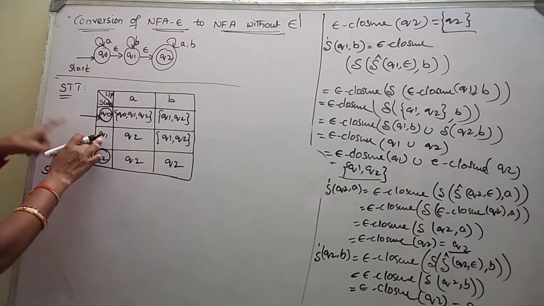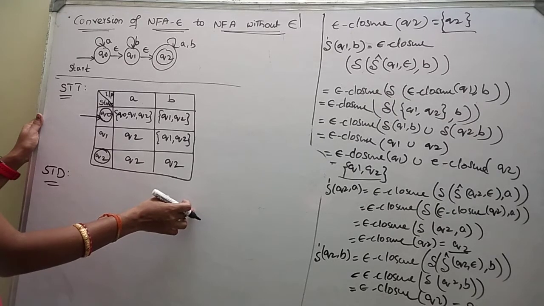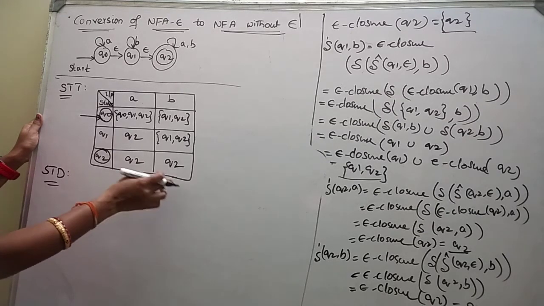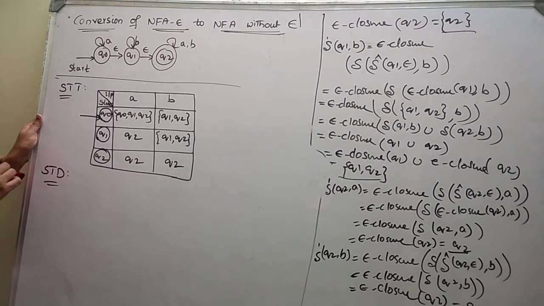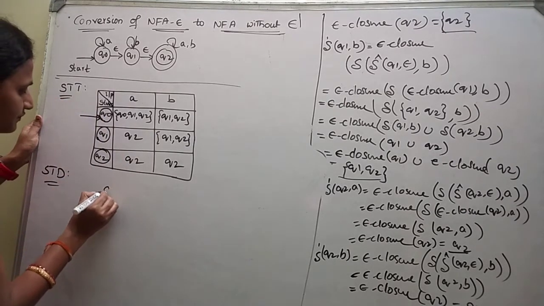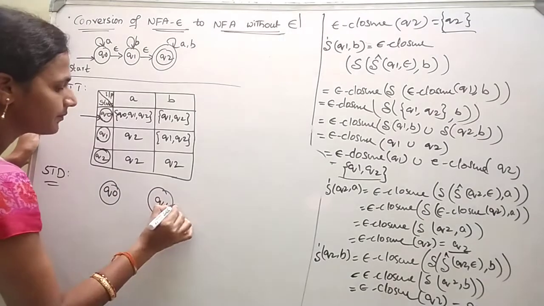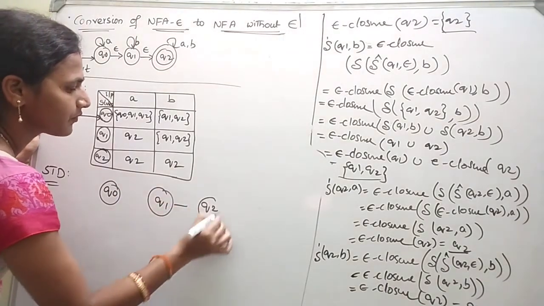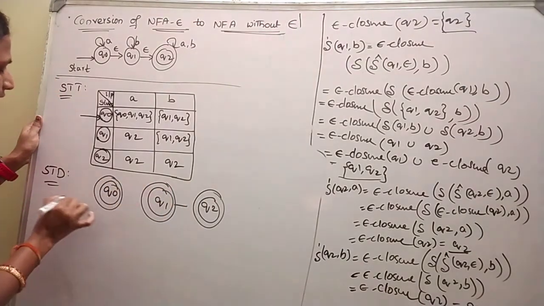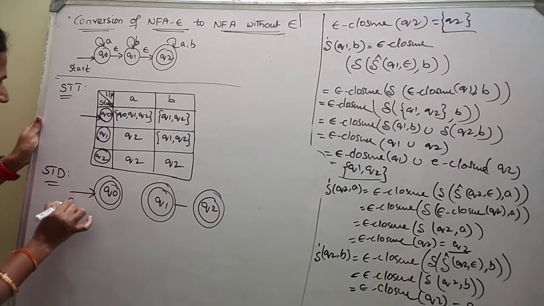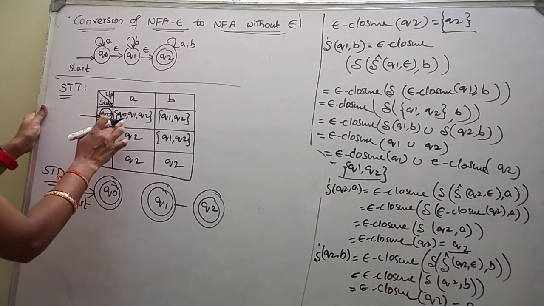Go for epsilon closure of Q1: Q1, Q2. Whether Q2 appears in the resultant states or not, yes, it appears. So Q1 is also a final state. Right? Now, the transition diagram: Q0, Q1 and Q2, where all 3 states are final states in the NFA without epsilon edges, where Q0 is the initial state. And what is Q0 of A here?